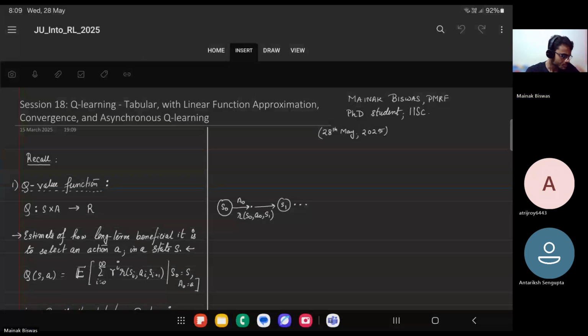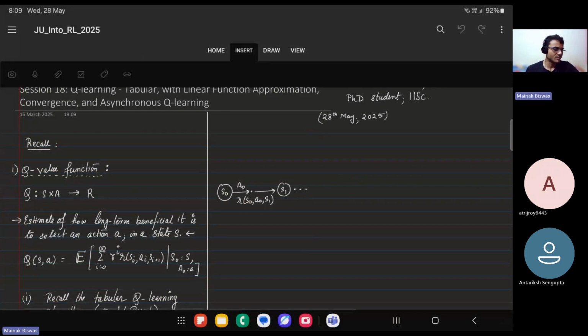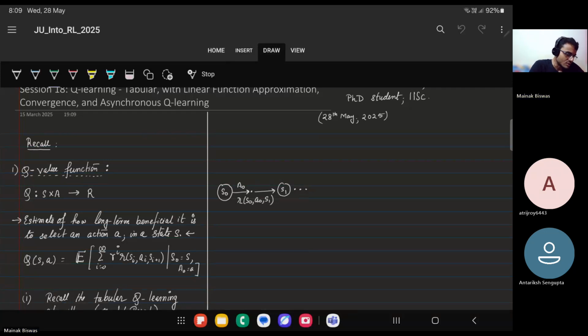So recall what an MDP looks like, or a control Markov chain. You have a state, you take an action, you make a transition. The transition is based on this control probability matrix. Given a state and action, you know the probability distribution of going to a particular state, and you see a one-step reward.